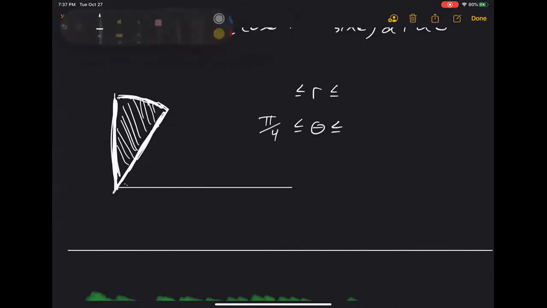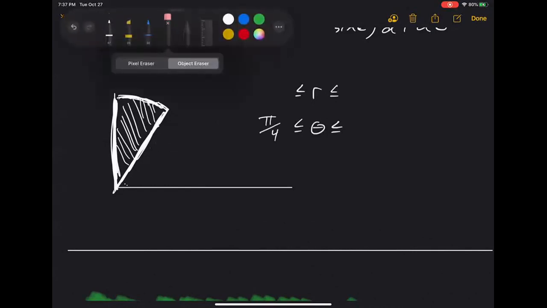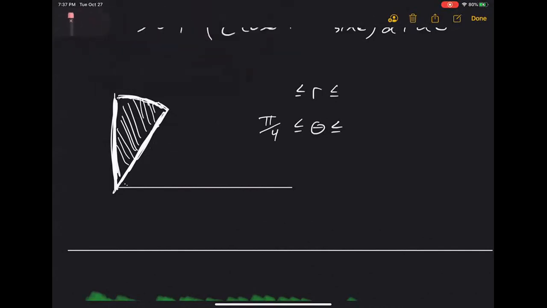Pi over 4. And where does my region end? It ends at the y-axis, the vertical axis, which is what angle? Pi over 2. Again, I'm measuring the angle from the horizontal axis. So this is pi over 4, and that one is pi over 2.